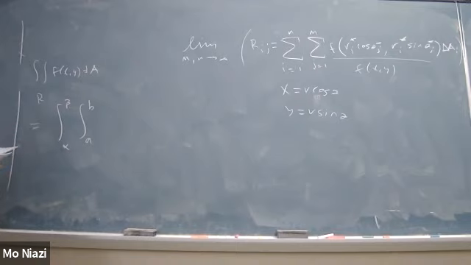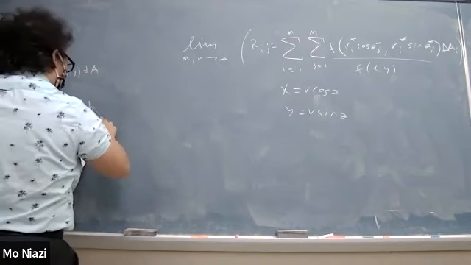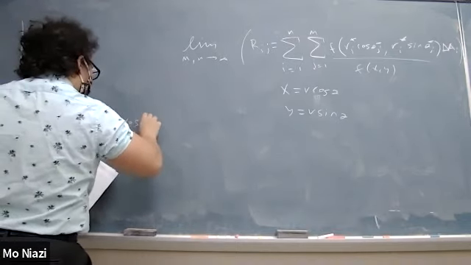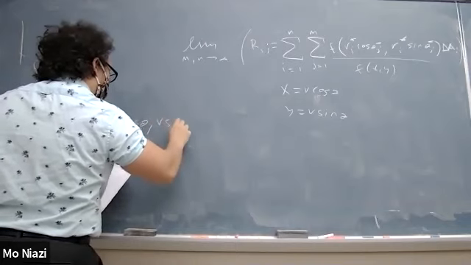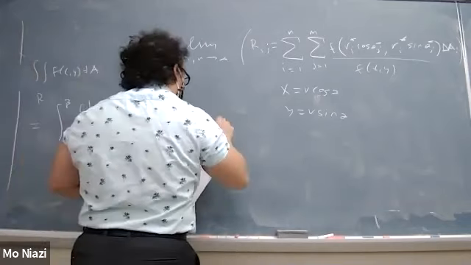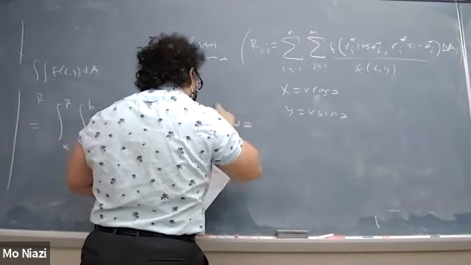So your f of r cosine of theta, r sine of theta, r dr d theta.